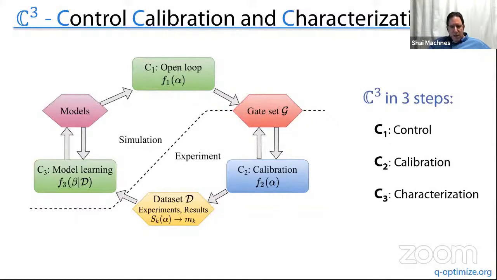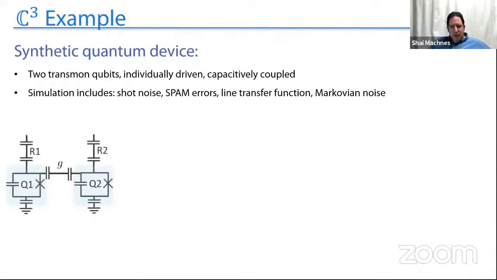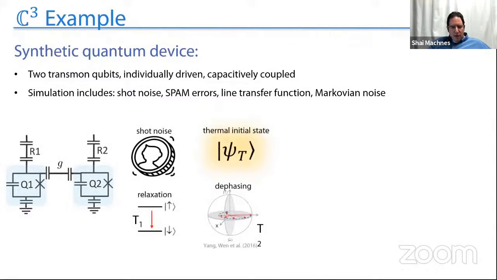Okay. Now this is a little bit nebulous, so I'll go through a specific example. We'll look at a synthetic device, a simulated one, so that we know what the true model is. It'll be a little bit sophisticated. Can you see my mouse? I hope so. So you have two qubits and they're coupled.